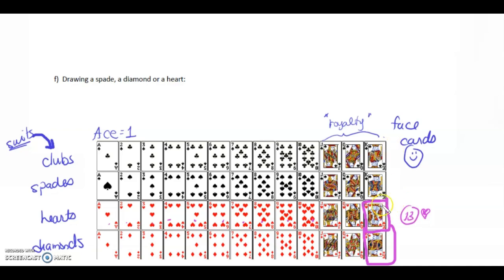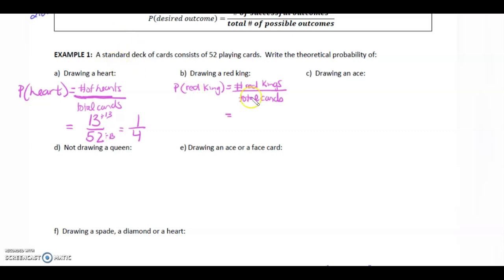We have 4 kings, so 2 cards are going to be red kings out of all of the cards. So 2 out of 52 cards will be red kings. We can also reduce 2 and 52. Divide both by 2, and we get 1 over 26. So the probability of drawing a red king is 1 out of 26.